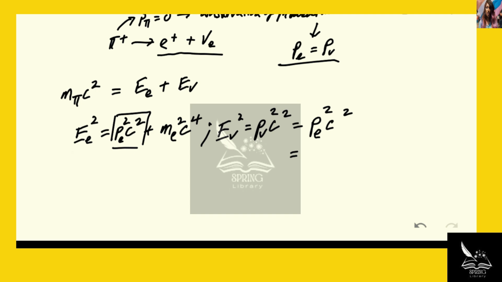So this is the total energy of the electron squared minus the rest energy of the electron squared.